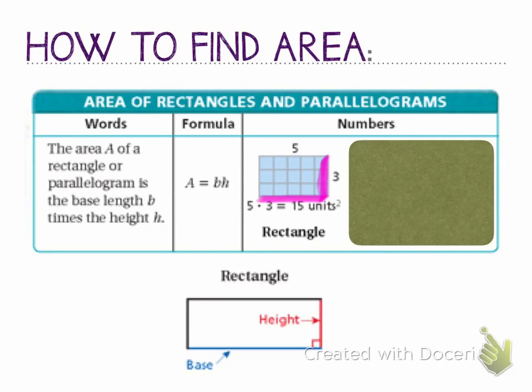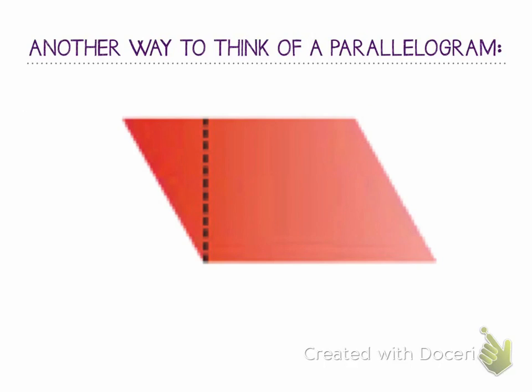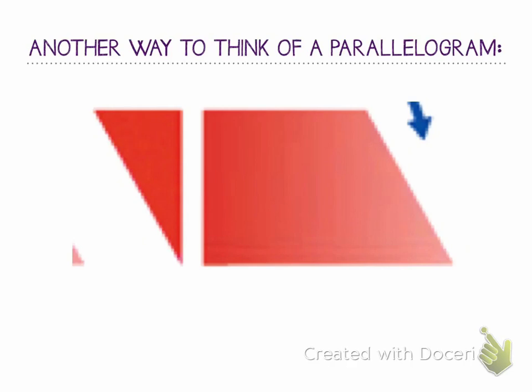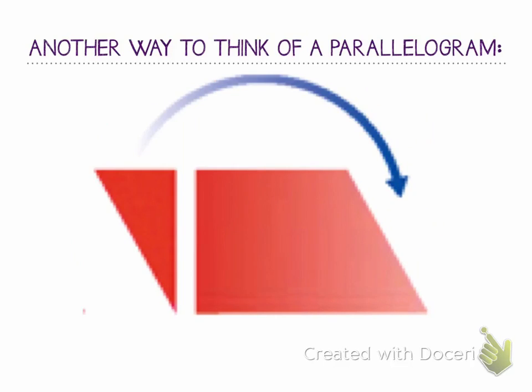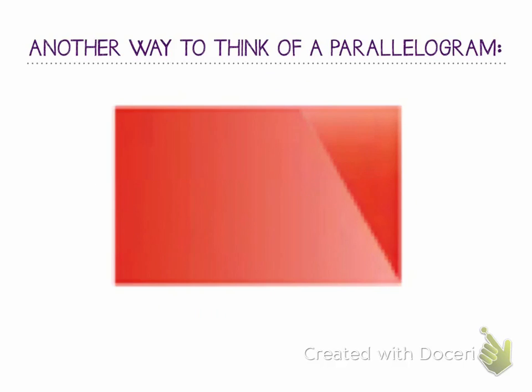Now for a parallelogram, it's a little different, a little bit harder to understand. I want you to think of a parallelogram. If we were to take scissors and slice it open right here, you can take this side and move it over here, and watch what happens.